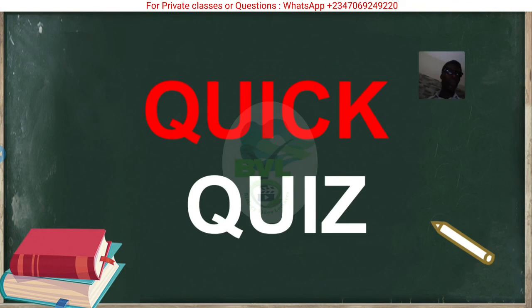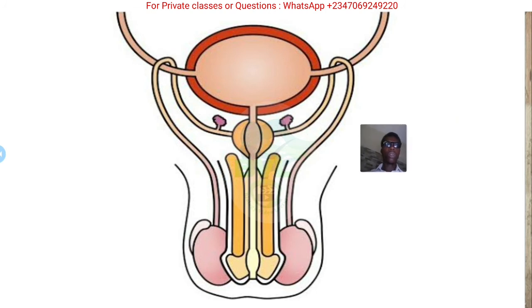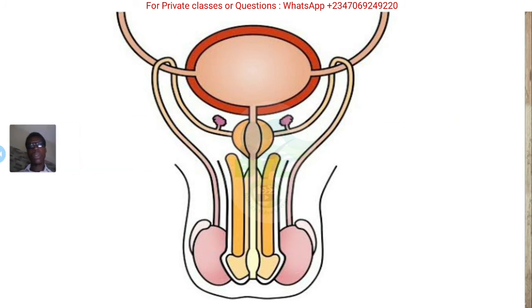So, okay, quick quiz. Let's take a look at the diagram. You won't be asked to draw at this level, sincerely. You won't be asked to draw, but you will be asked to label. So I want you to pause this video and attempt each of the questions before I say it.